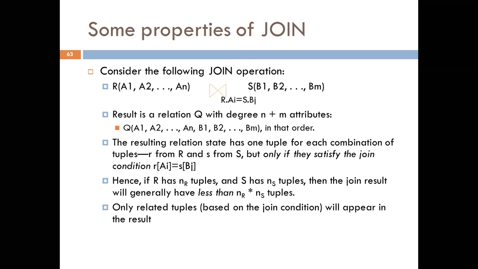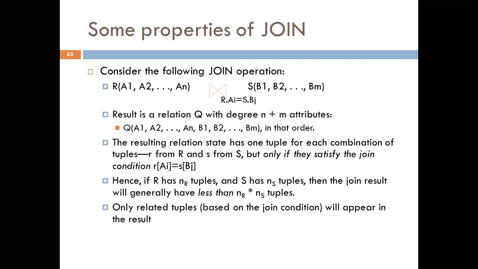The resulting relation state has one tuple for each combination of tuples: small r is a tuple from R, and small s is a tuple from S, if they satisfy the join condition on some attributes, I from R and J from S. So if we are joining on some attribute and there is a match, then there will be at least one tuple.